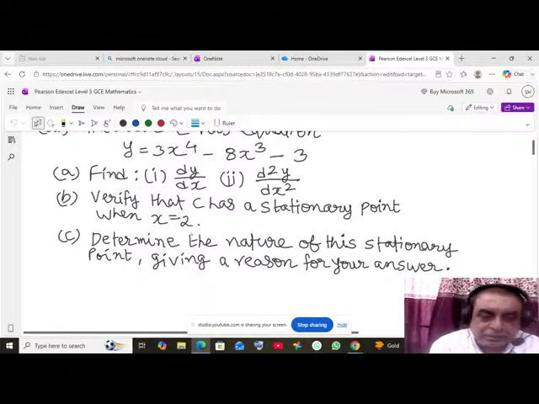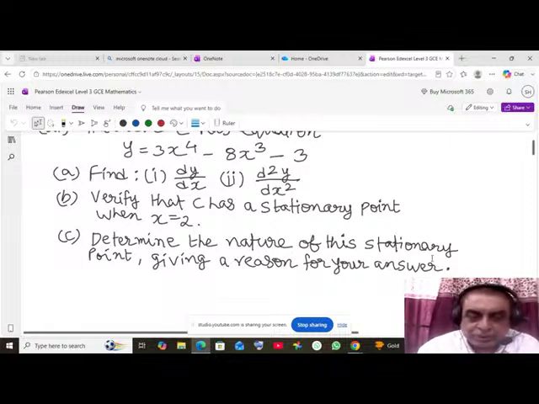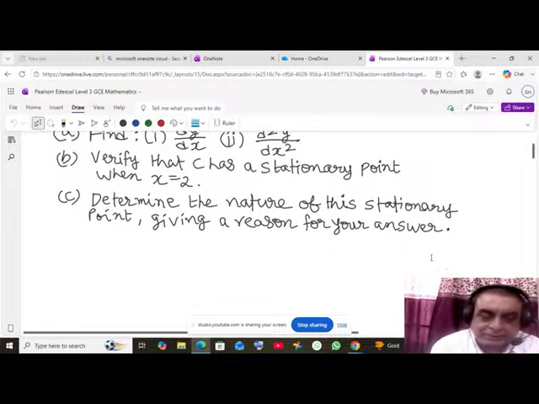Part B: verify that C has a stationary point when x equals 2. Part C: determine the nature of this stationary point, giving a reason for your answer. Okay, I am starting it.